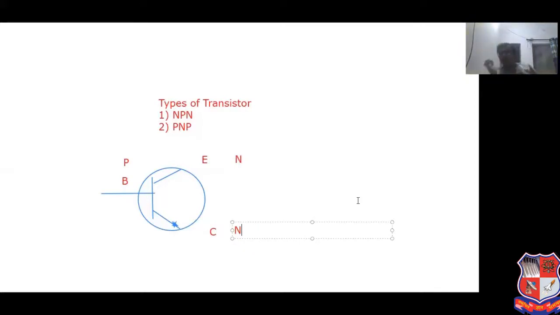Now, one of the different symbols is known as PNP transistor.